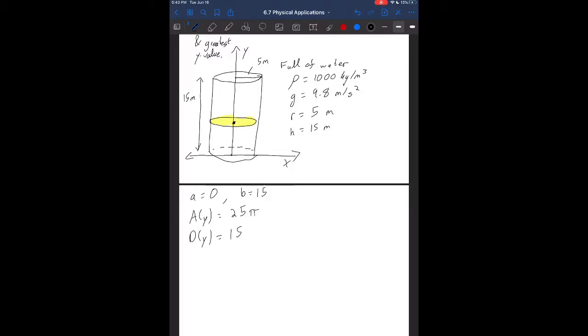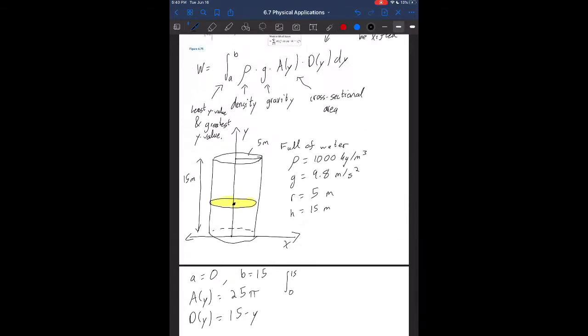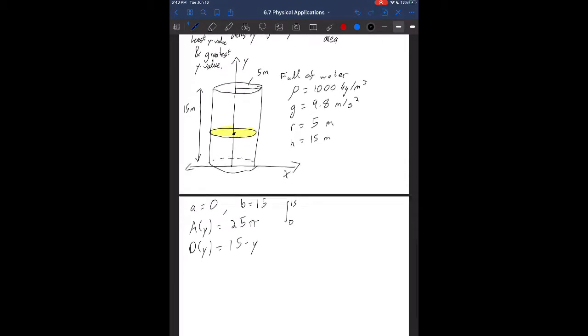So we're at 15 minus y as our distance function. So plugging everything in, we get that this is the integral from 0 to 15 of rho g 25 pi times 15 minus y dy.